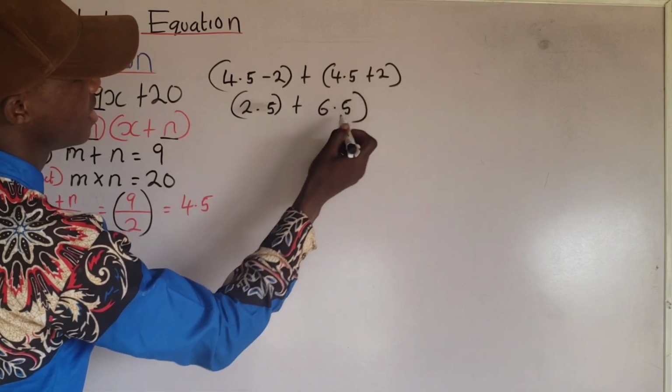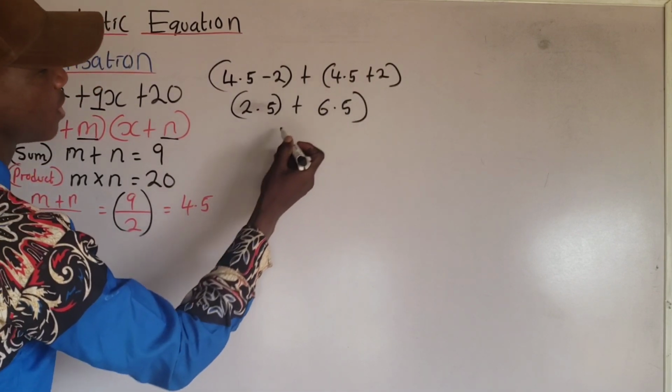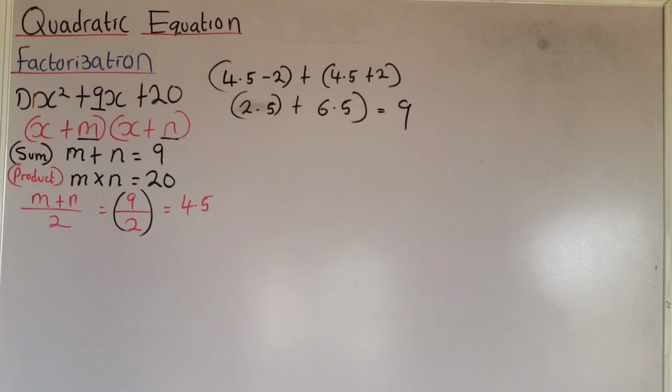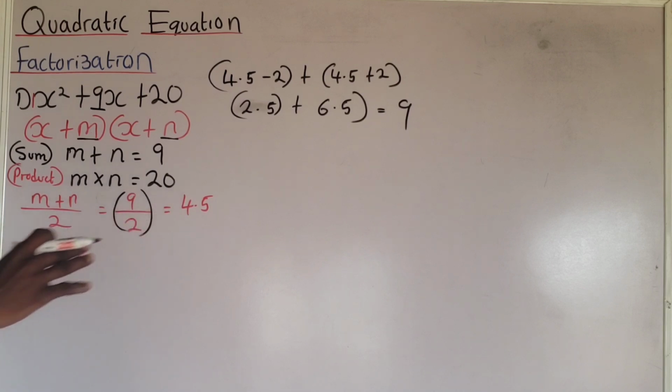Now 2.5 plus 6.5 will give us what? 9. So now, if you increase the half by a constant and decrease it by a constant, and sum all of them together, that constant must be the same. You understand?